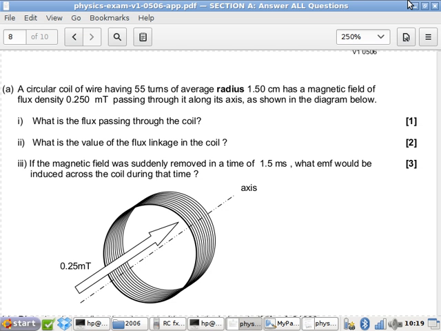No, I only asked you to do part 1 and 2. Okay, you have part 1 done. What's the answer for part 1? 1.76. 1.76 what? Webers.